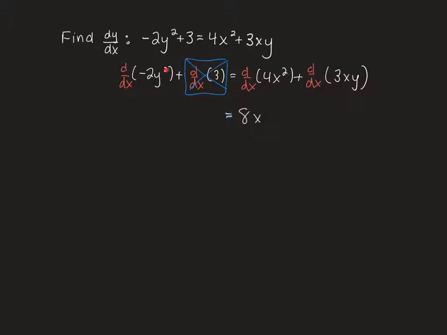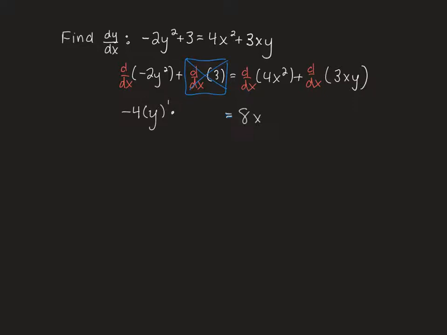So the derivative of the outside is going to bring down that power, and it's going to say negative 4 y to the first power. So that was just power rule. So derivative of the outside, leave the inside alone. My inside function is this y, so I'm going to leave it alone. So that's just y.